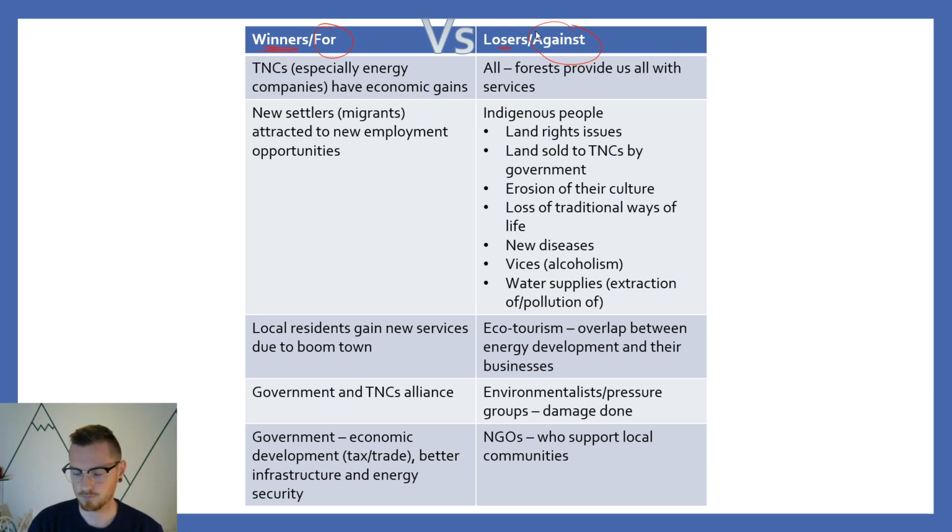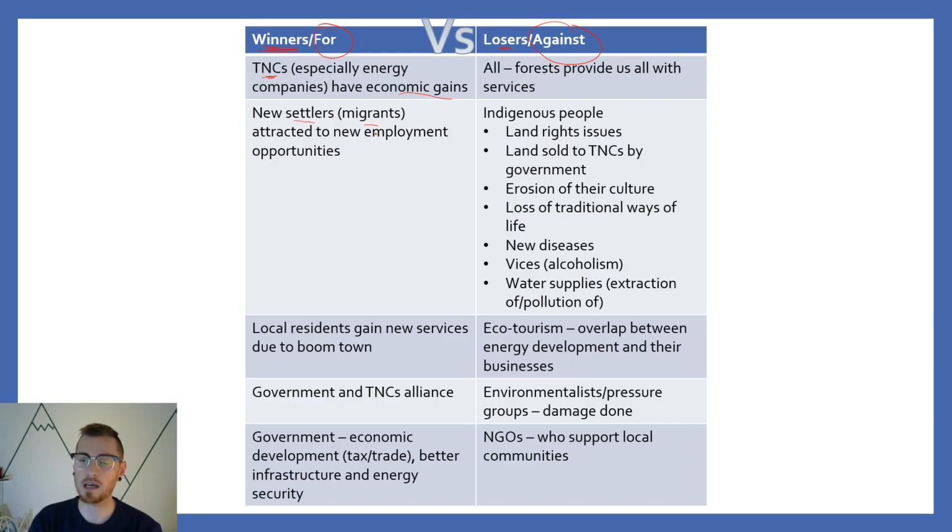So I've tried to group these into two categories, two parts of this table. So generally, if we're looking at extraction of a resource or economic gain over environmental loss, the general winners from that scenario, we probably can go with TNCs here, especially the energy companies, because of the economic gains they're going to make.